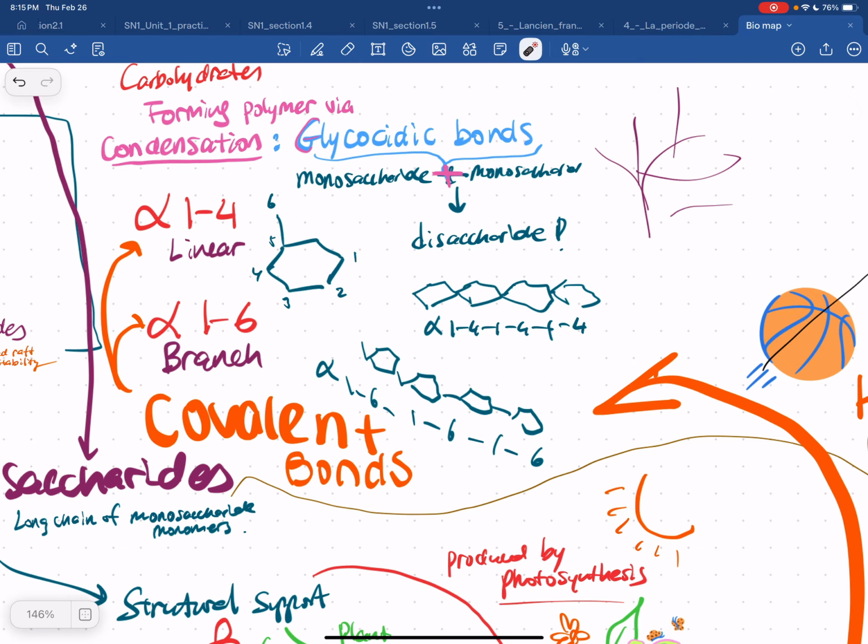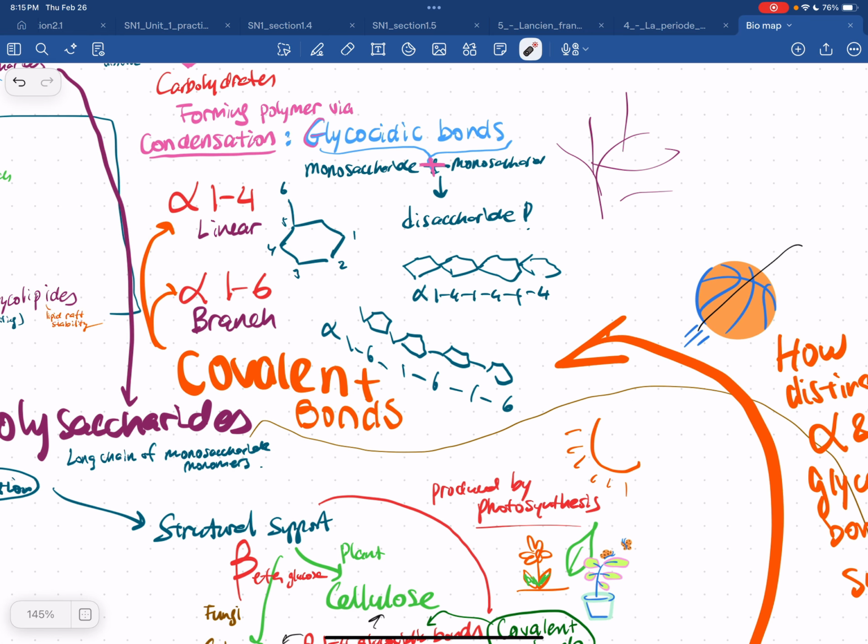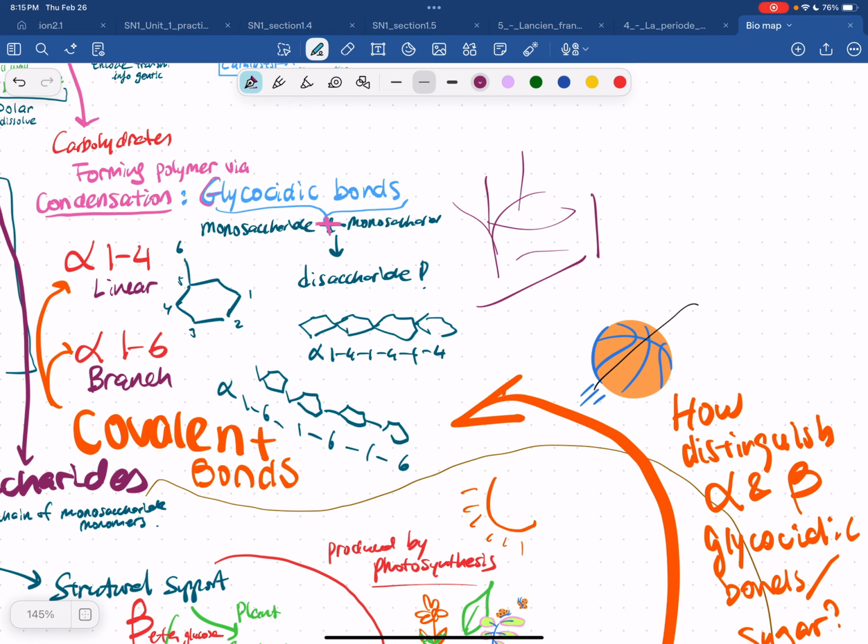So glycosidic bonds are made between the hydroxyl groups. These hydroxyl groups are carried by carbon 4 or carbon 6 on different monosaccharides.